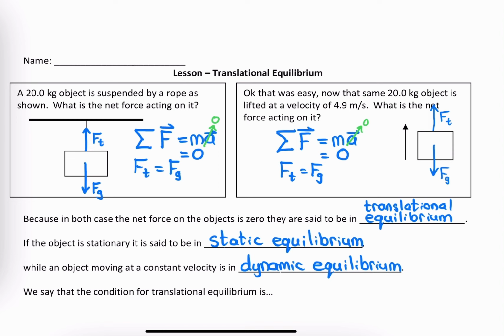And in both of these cases, we found that the net force was 0. And that is indeed what we consider to be the condition for translational equilibrium. In order for translational equilibrium to be happening, we need the net force to be 0.